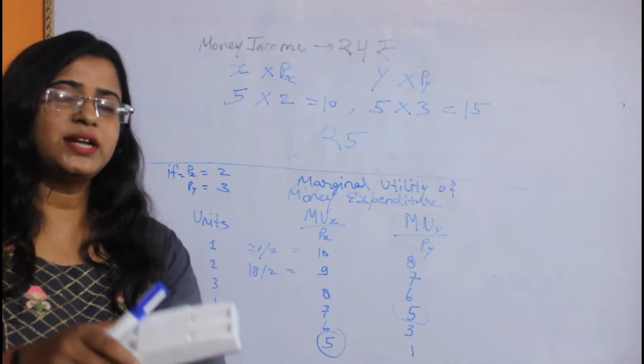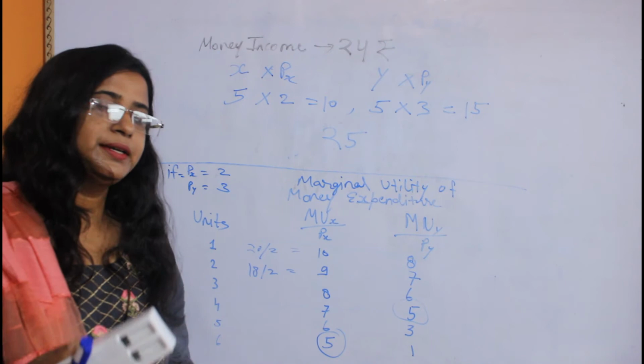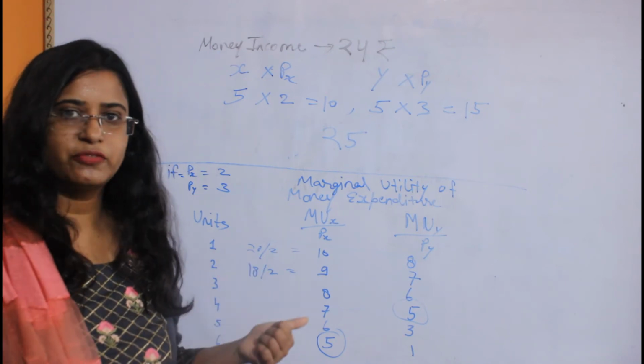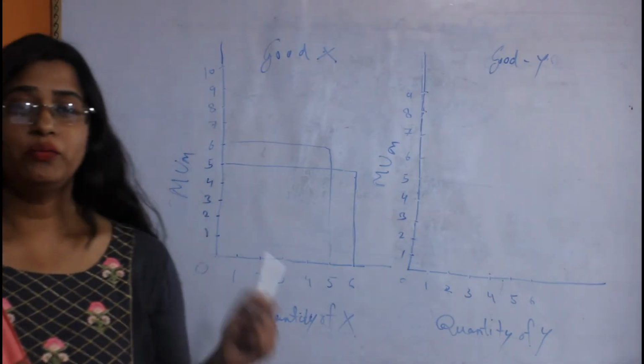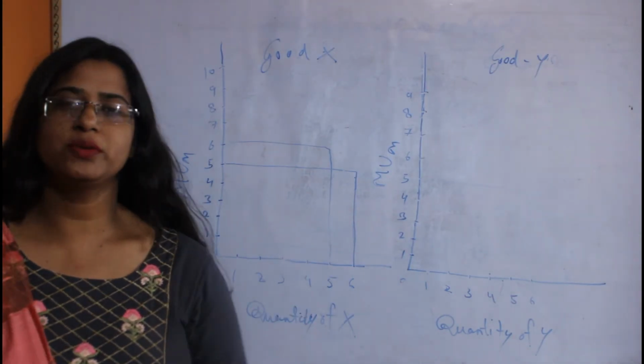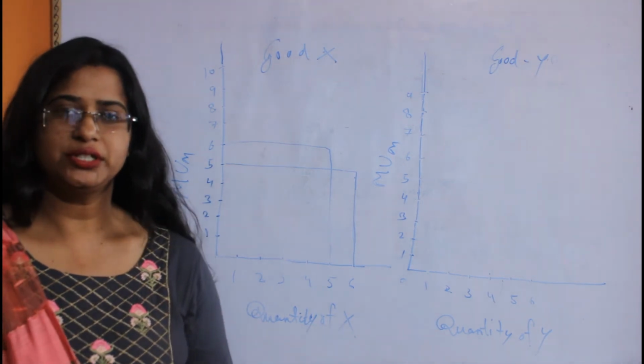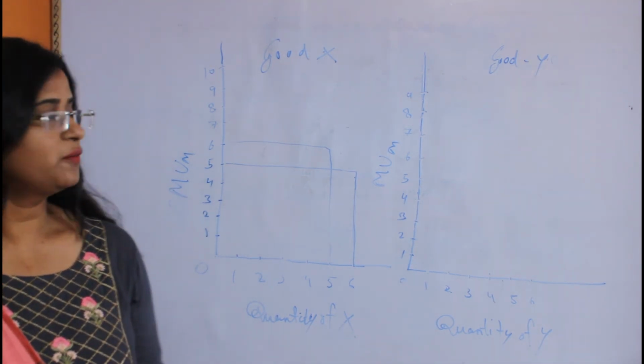We will also understand this concept by the graph. So let me wipe it out. Now we will understand the concept of consumer's equilibrium and the concept of equi-marginal utility with the help of a graph.